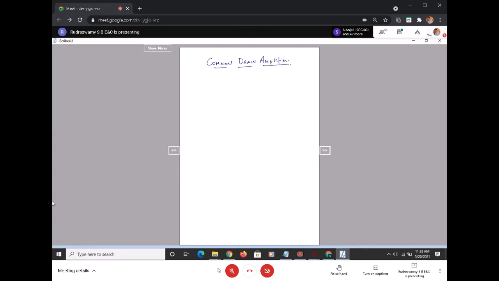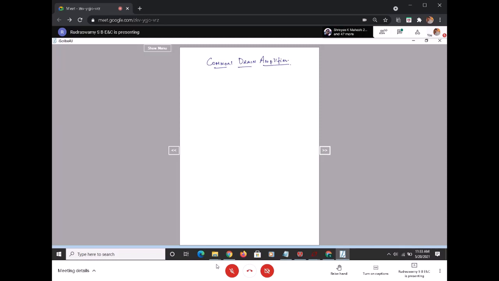Do you people do the amplification there? What is the gain of the common collector amplifier? Buffer. What is the gain? I'm asking what is the gain? It is basically 1.